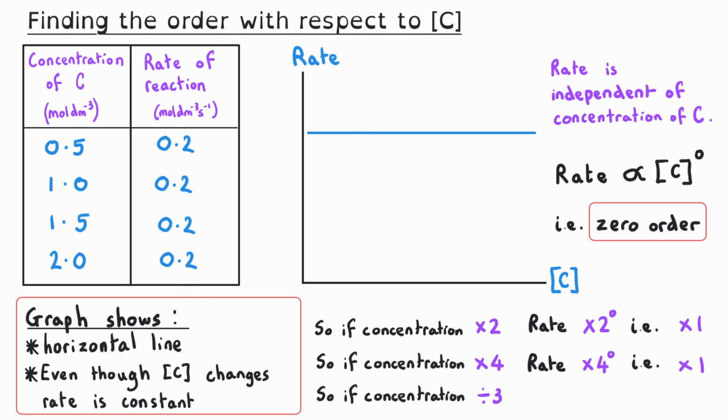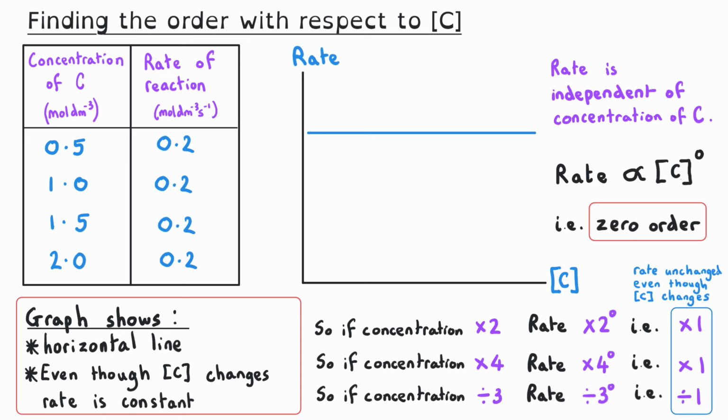Dividing the concentration by 3 will divide the rate by 3 to the power of 0, which is also 1. And so what this means is whatever we do to the concentration of C, however we change it, the rate of reaction will be unchanged. It will always be the same, provided chemical C is the only thing that we change.